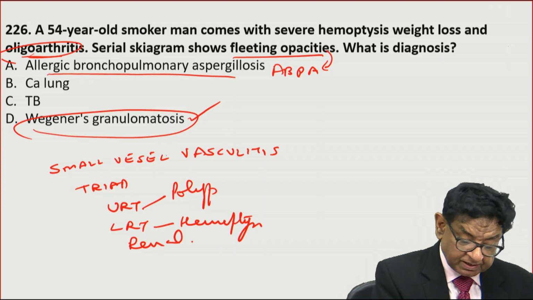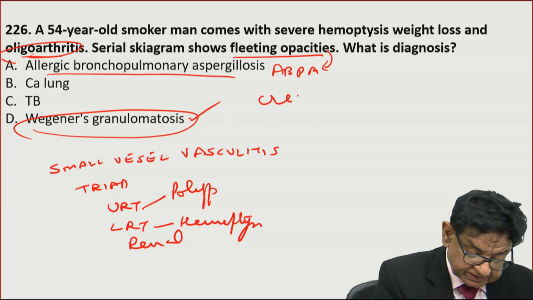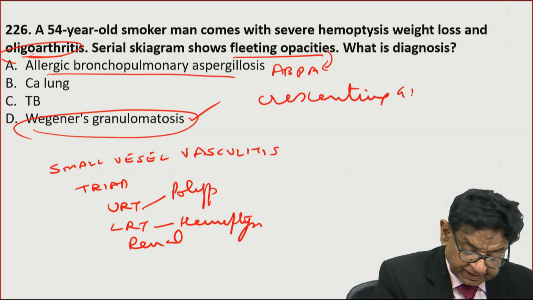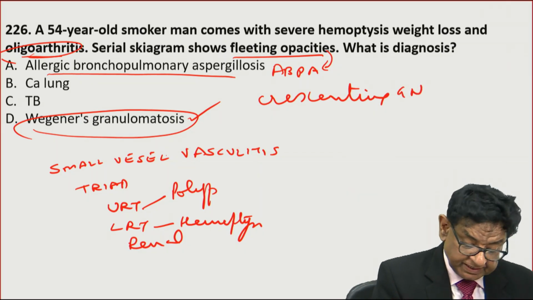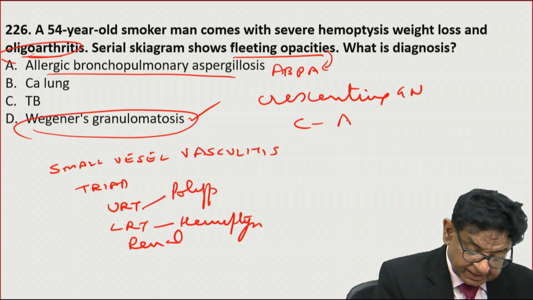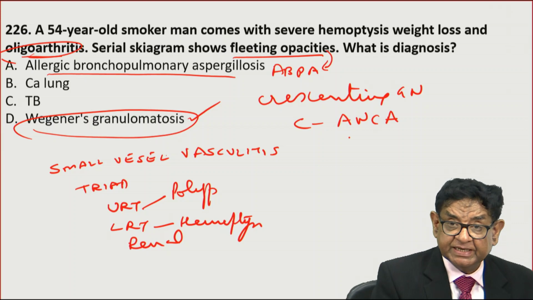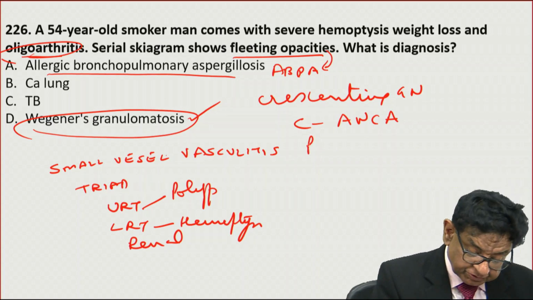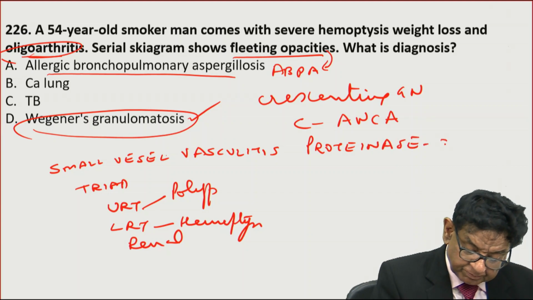In the renal involvement, classically what we see is crescentic glomerulonephritis. And in this patient, C-ANCA antibodies are positive. These antibodies are directed against proteinase 3. Treatment is corticosteroids.